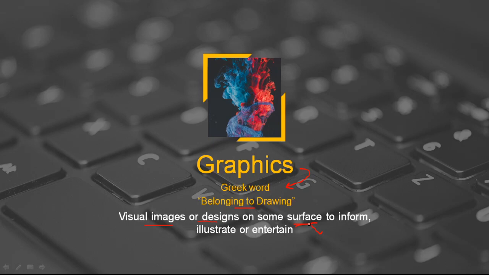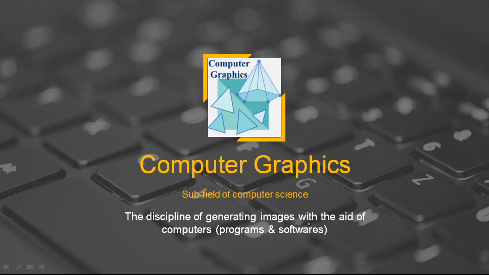That means graphics. Combining the two words, we get computer graphics, and it's a subfield of computer science. It may be defined as the discipline of generating images with the aid of computers. That means in computer graphics, we generate images, for example, lines, pictures, animations, graphs, maps, etc. with the help of computer.